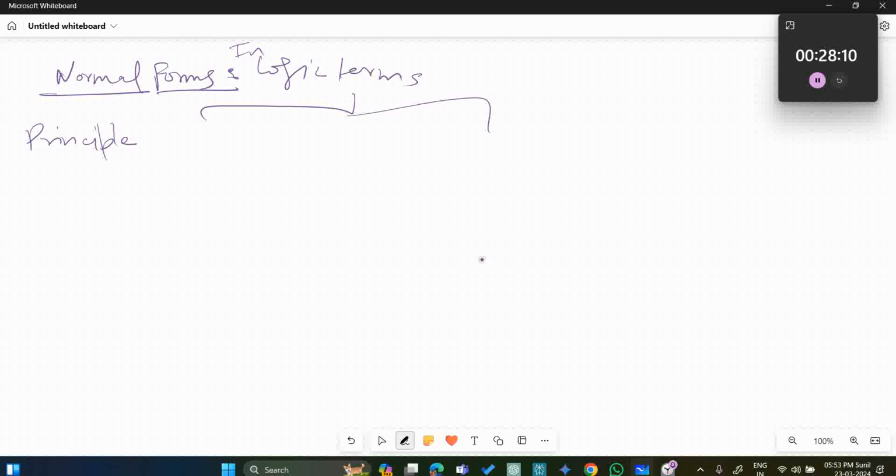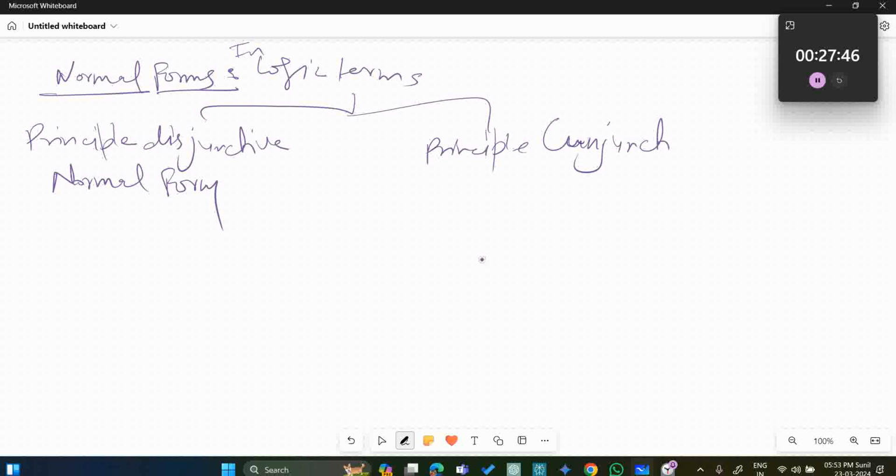Principal disjunctive normal form, and second is principal conjunctive normal form.